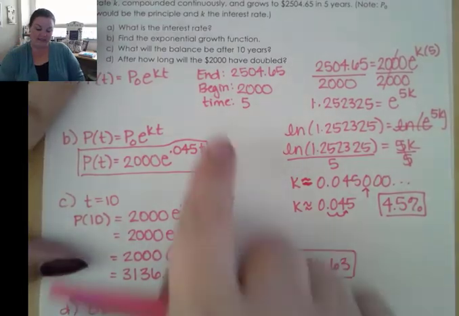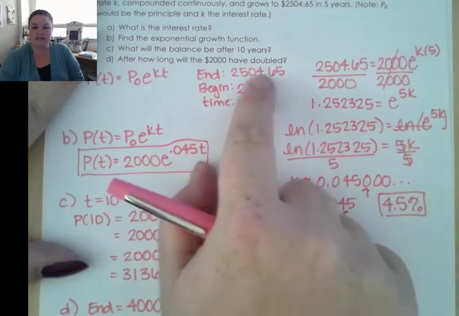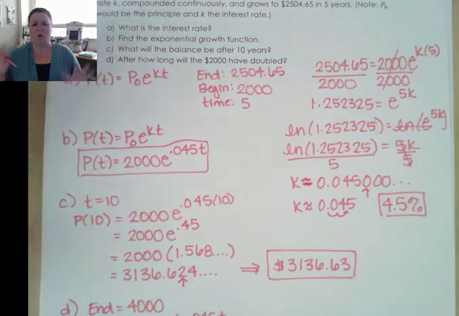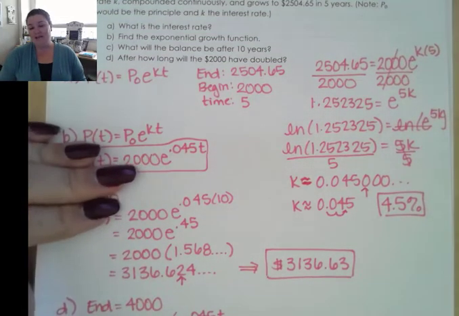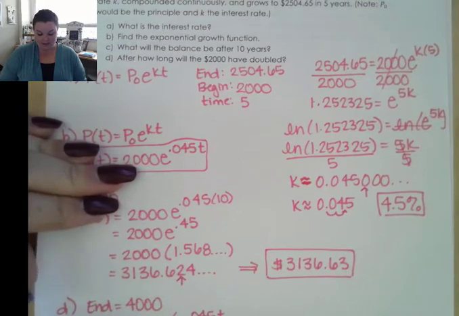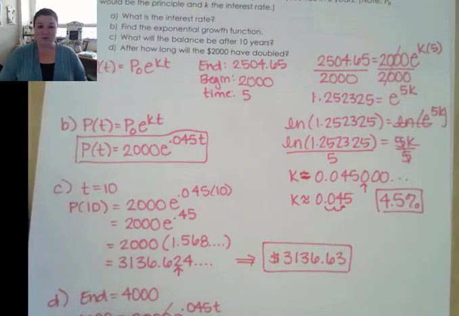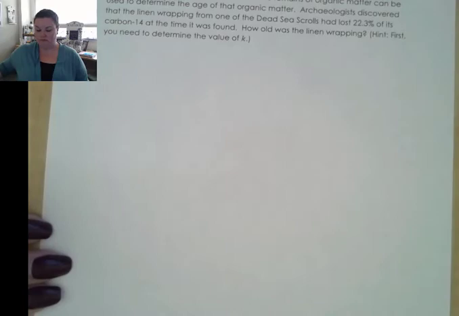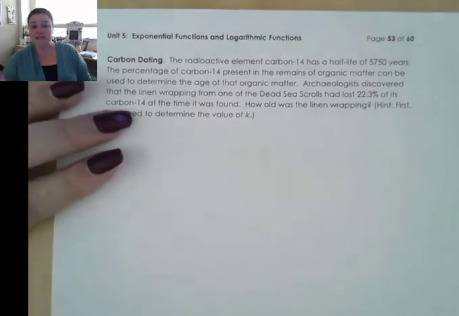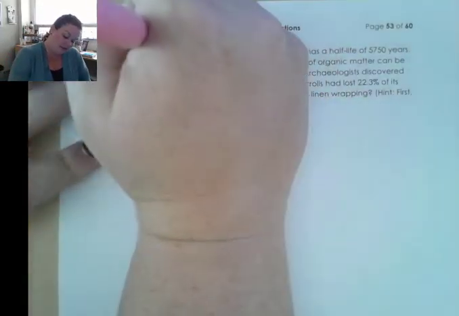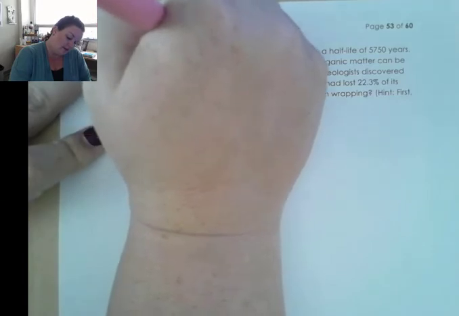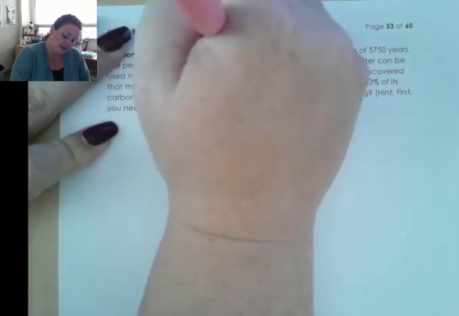So it's really easy to see we're beginning with this amount, we're ending with this amount, because these are normal, just whole number amounts. The next example, we're doing the same type of thing, except the amounts are actually percentage amounts. Okay, but we're going to work it the same way. So we're still dealing with P of t is equal to P naught e to the kt.